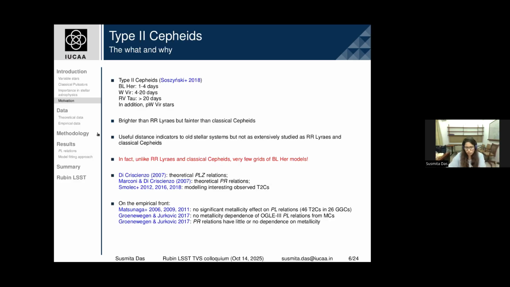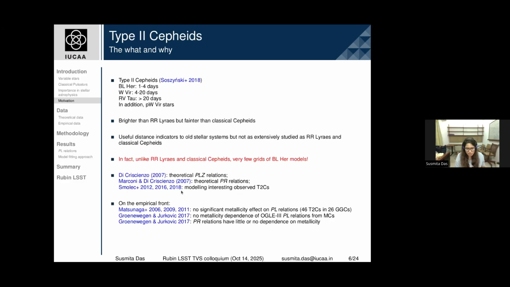The handful of studies on the theoretical front were Di Criscienzo, who provided theoretical BL Her relations, and Marconi, who provided theoretical BL Her relations. Smolec, of course, in a series of papers, studied several particularly interesting observed type 2 Cepheids. So the two on the top are more like grids, whereas Smolec's would model interesting type 2 Cepheid stars.